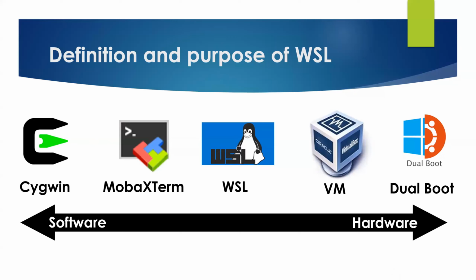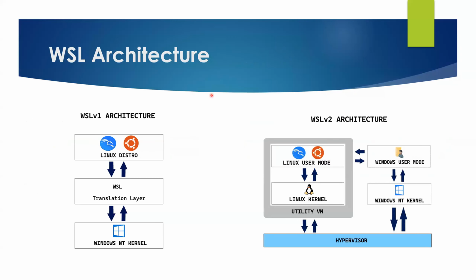We will move on to the next. We'll describe these two here, the two different architectures that we use. WSL 1 was obviously the first version of WSL, whereas WSL 2 is a more modern one. Both are still used, and there are reasons to use one and reasons to use another.